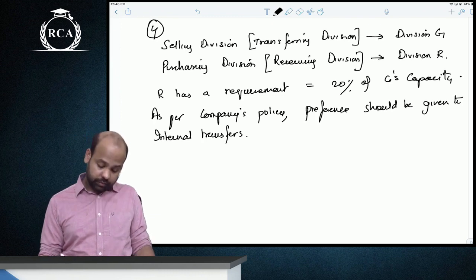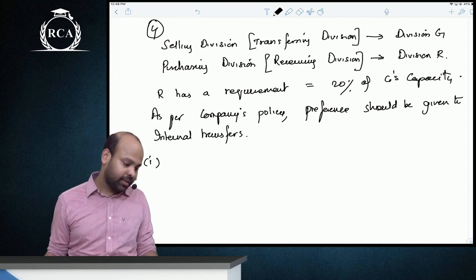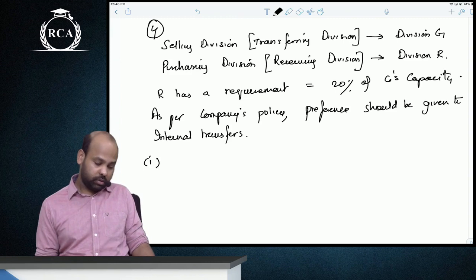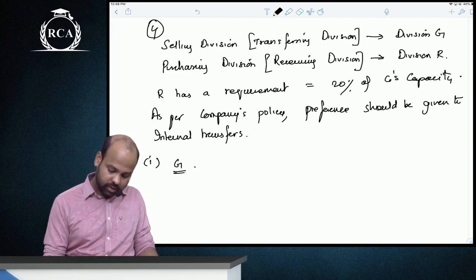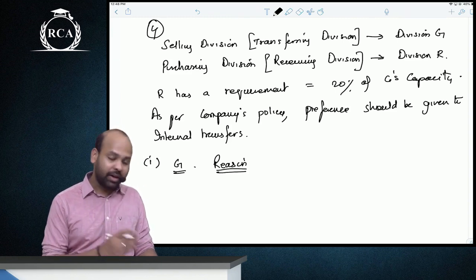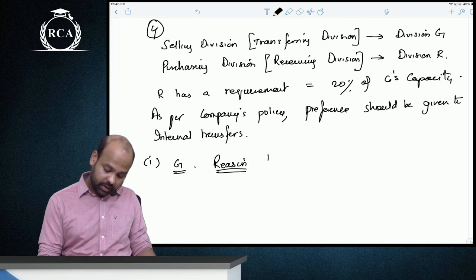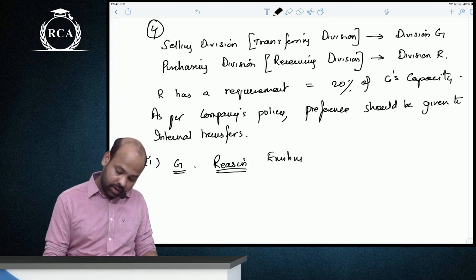Understood, sir. First bit, guys. Who has an advantageous position, guys? G is the answer. Reason, beta? G has an advantageous position. Reason is the existing capacity utilization.